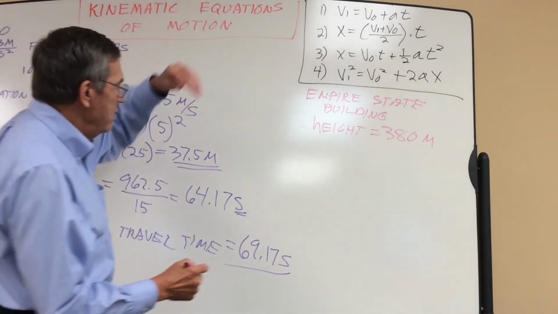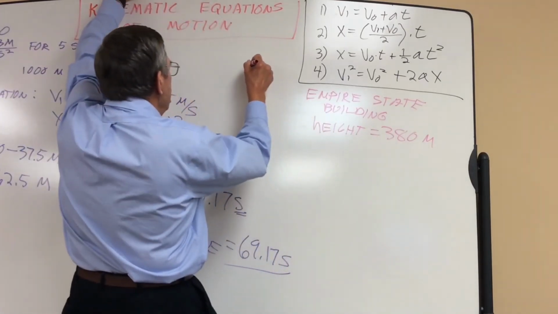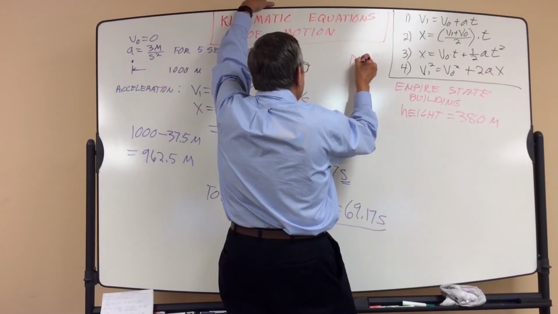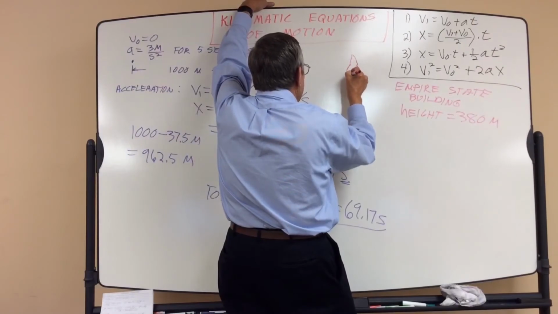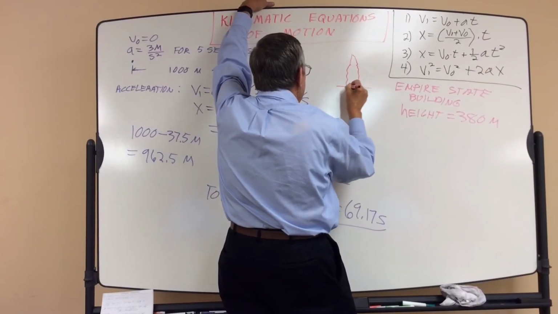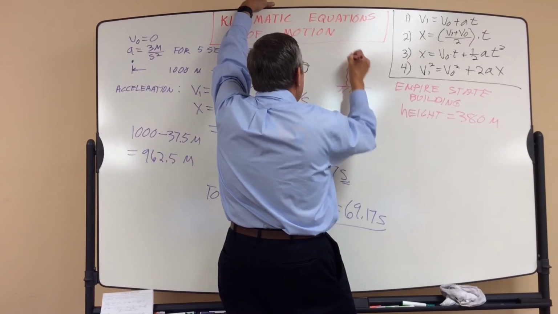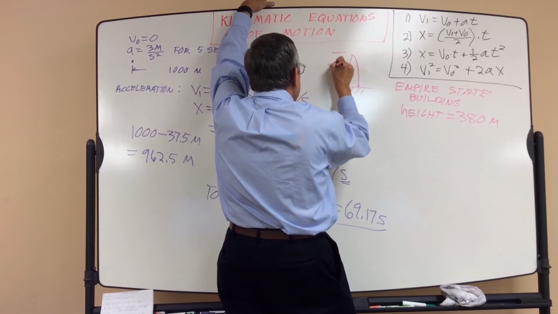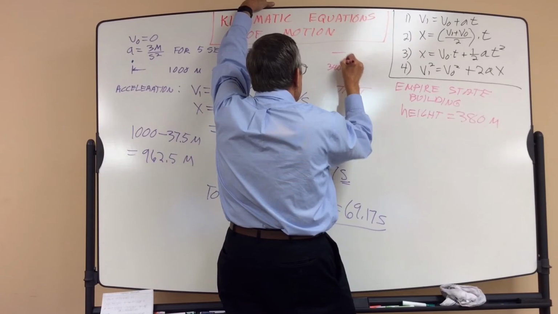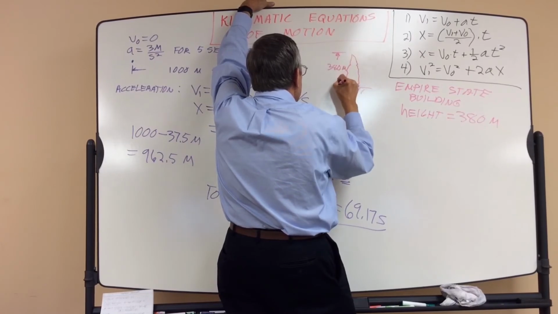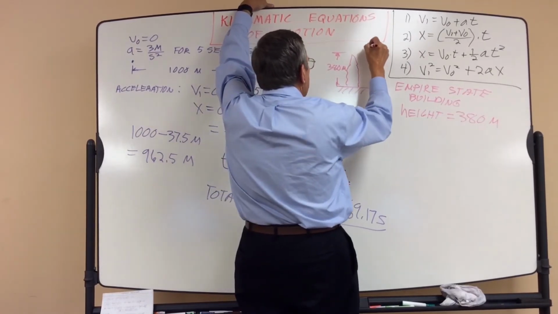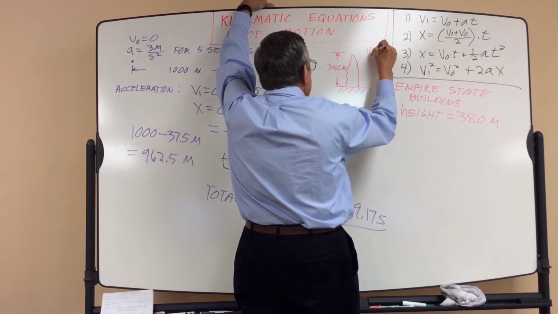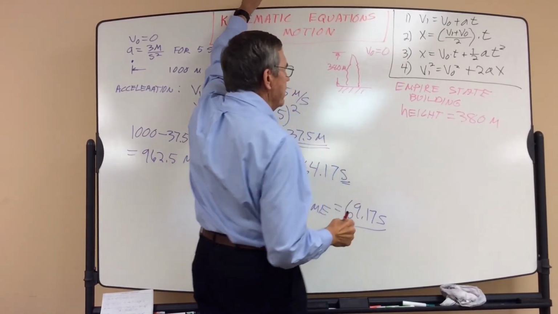So let's do that. So let's draw a little picture right up here. So here it has a little tower on it there, and then down like that. And we said this is 380 meters. We're going to drop it, so the initial velocity is going to be 0. Okay.